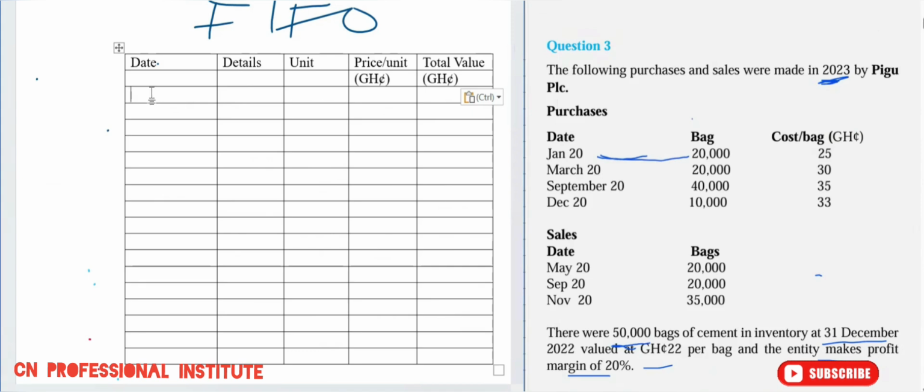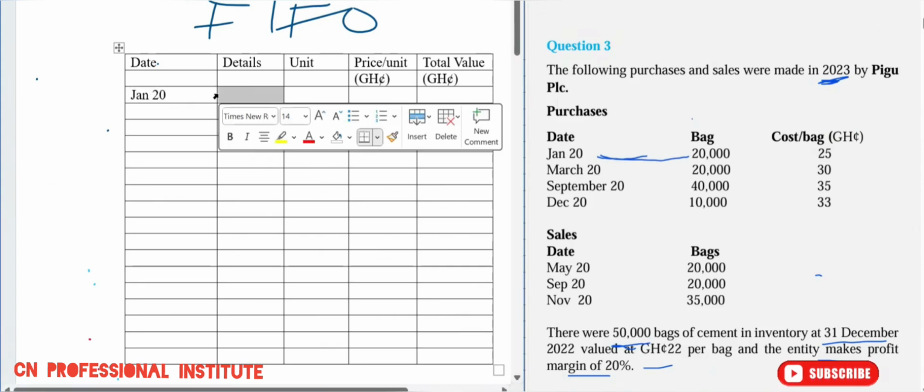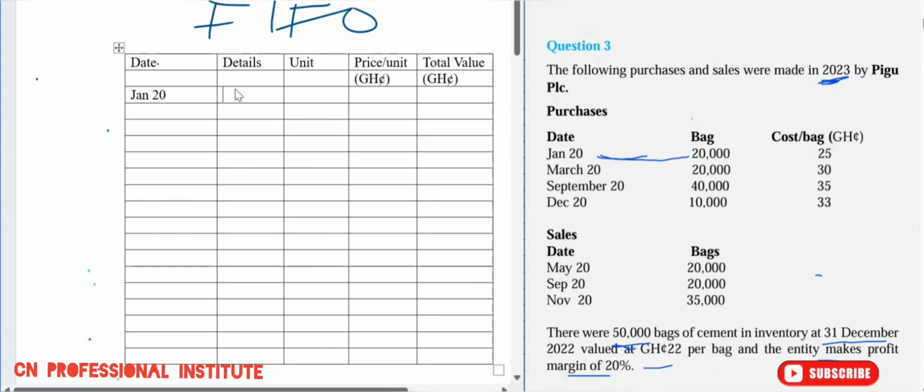On January 20, how many units did we purchase? We purchased 20,000 bags at 25 cedis per unit. Oh, sorry, the details is purchases. So let me add purchases. How many bags did we purchase? 20,000 bags.